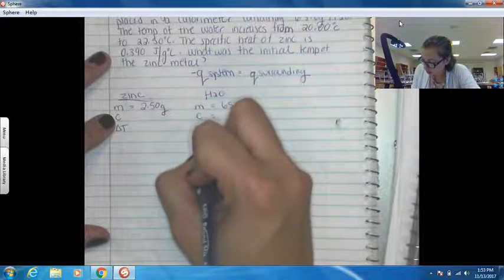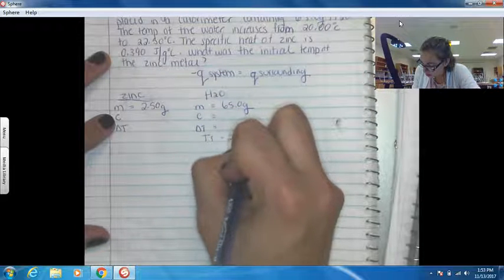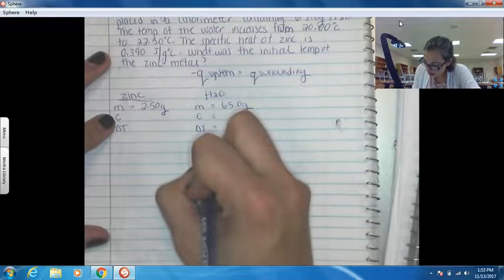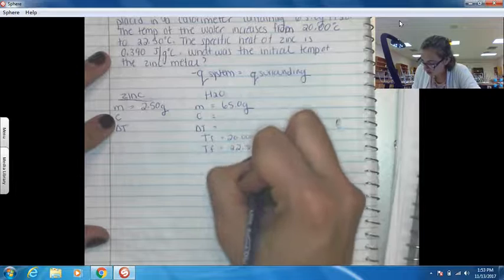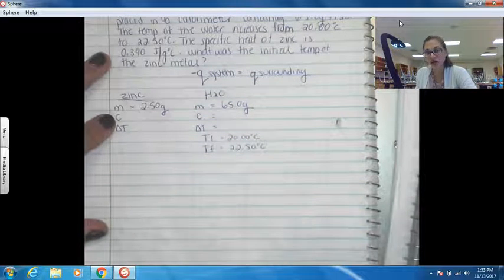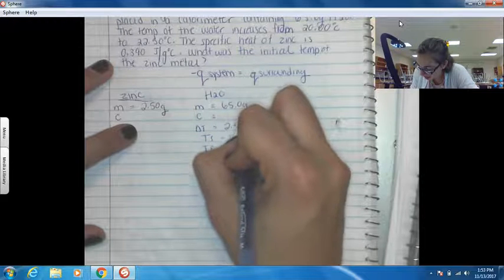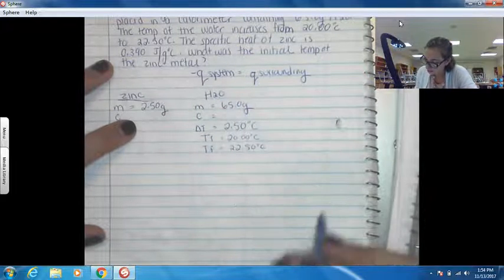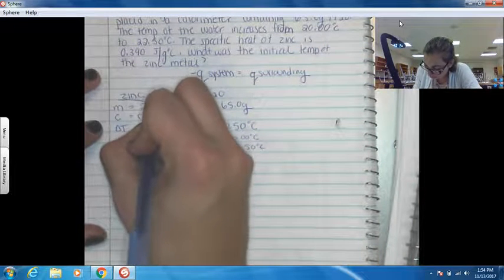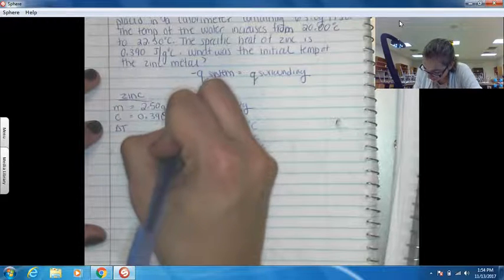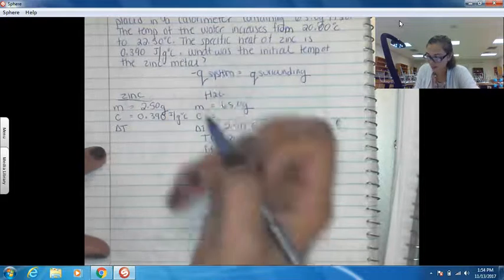So our T initial was 20.0 degrees Celsius. Our T final is equal to 22.50 degrees Celsius. So if we subtract those two, our change in temperature should be 2.50 degrees Celsius. The specific heat of zinc is 0.390 joules per gram degrees Celsius. What is the initial temperature of the zinc metal?